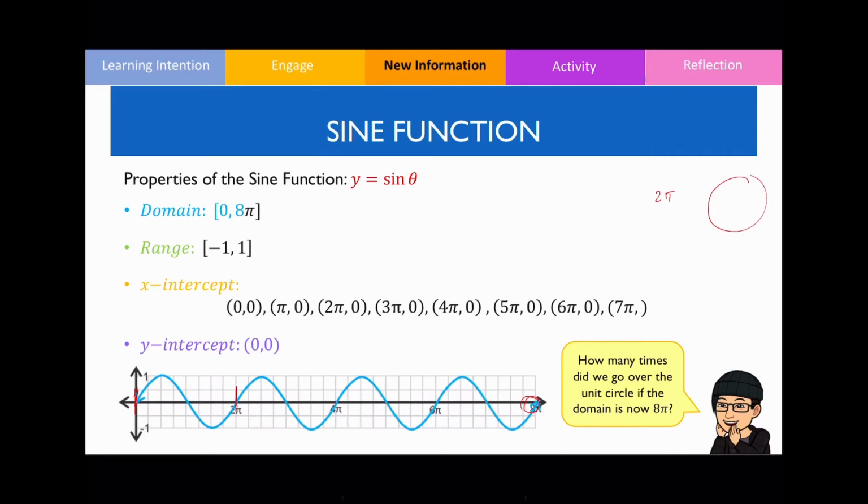Because we're going through 8 pi, it makes sense that we're going over 4 times. So that's 1 time, that's 2 times, that's 3 times, and that's 4 times. By repeating the unit circle 4 times in an anti-clockwise manner, you'll be able to draw this graph. And that should be 7 pi, 0 right there. And there should be 8 pi, 0 as well, but for some reason that's missing.